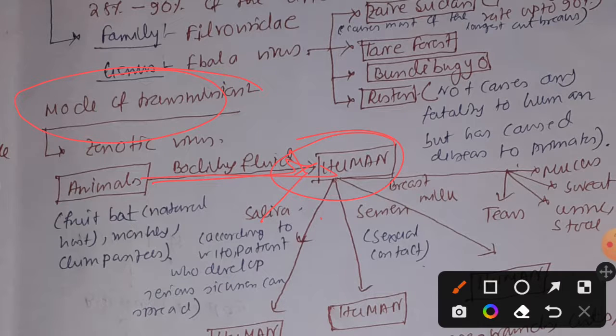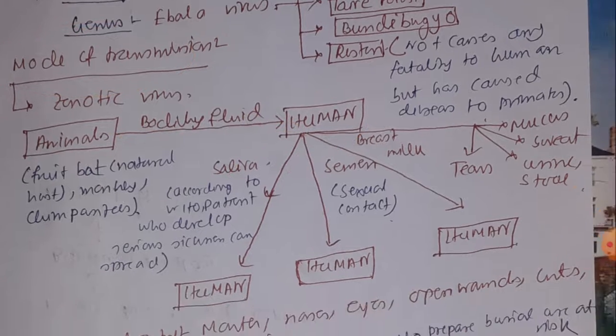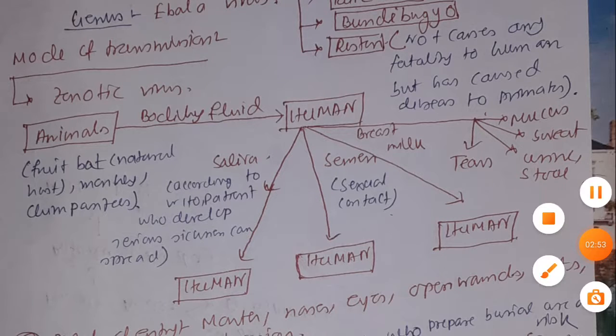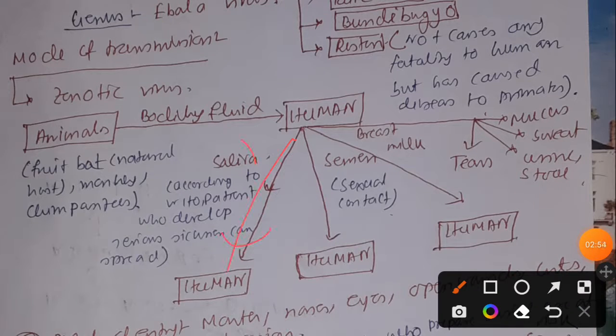Okay, and now Ebola can be transferred from human to human via saliva. Here I want to add a point that, according to WHO, a person who has developed a severe or serious sickness can transmit the Ebola virus via his or her saliva.